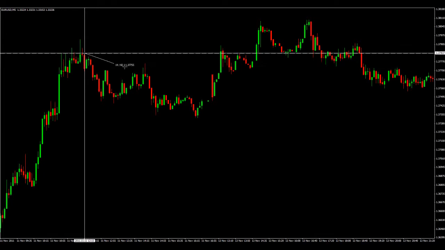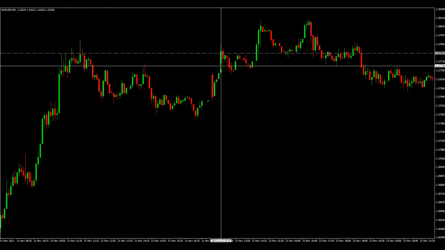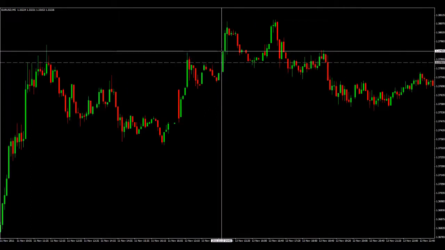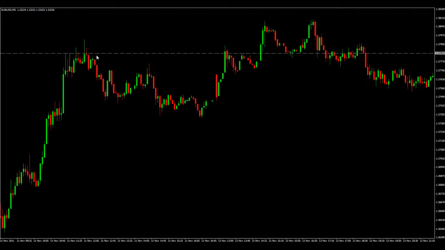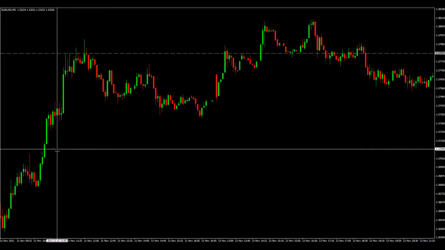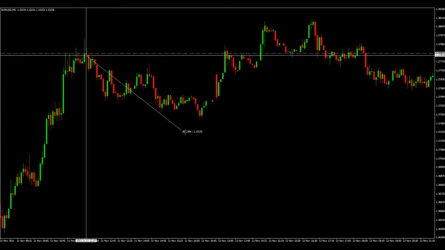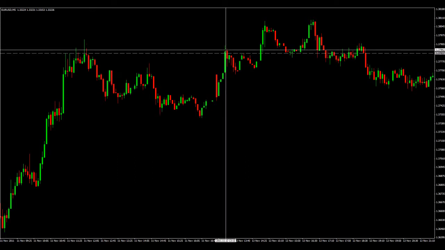So this one we had a very big move to the downside, which is about 49 pips, 50 pips. And we had one that came back up and broke through this level. And this is actually going to be what's known as a resistance level, as price is moving up and it hits resistance right there and comes back down. So price broke up.